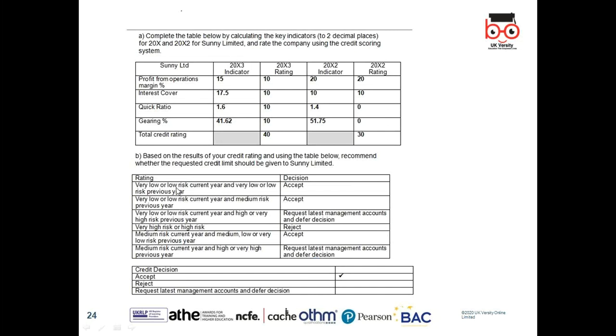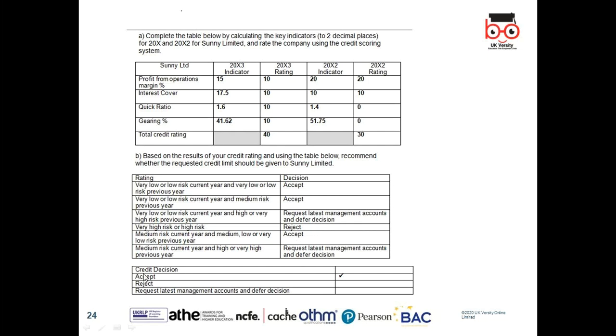If you look here, we've been given, yes, between this it is very low. So it is a very low risk or low risk in the year, if we look at both, so we can accept it. Current year medium and previous year low, we accept it. Very low in the current year and high in the other, we request the latest management accounts and defer the decision.